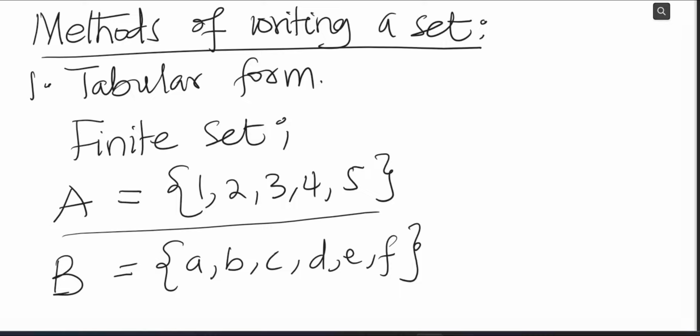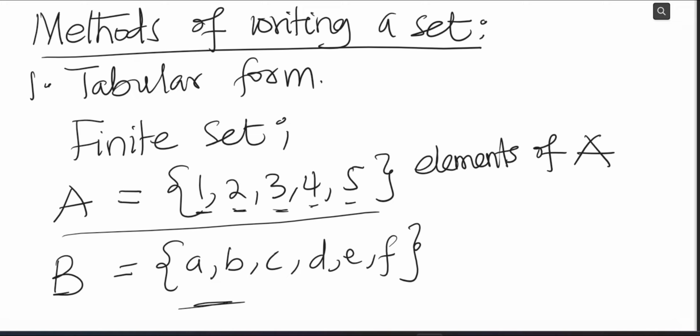Now, the items 1, 2, 3, 4, 5 in set A are called the elements of A. Also, in set B, the items A, B, C, D, E, F are called elements of B. So the elements of a set are basically the items being put together to form that particular set.